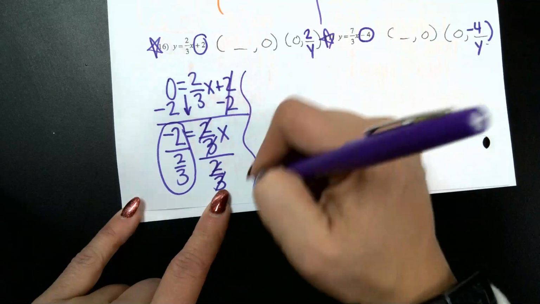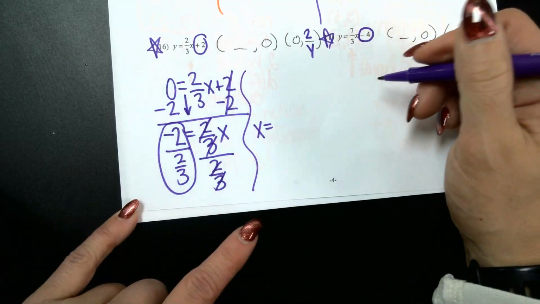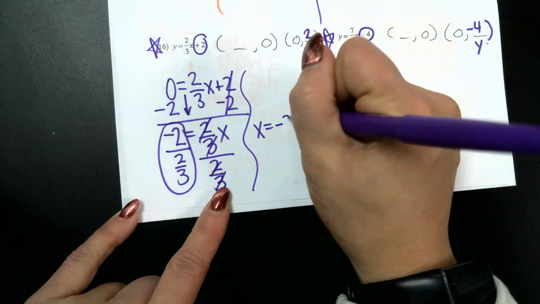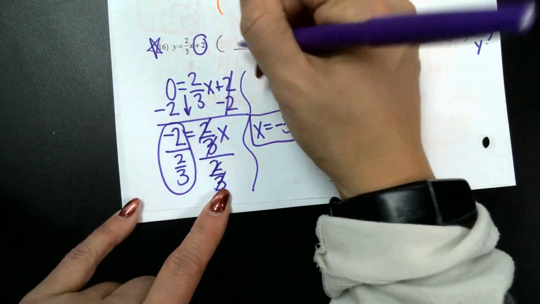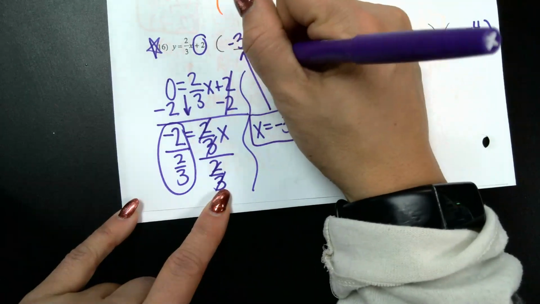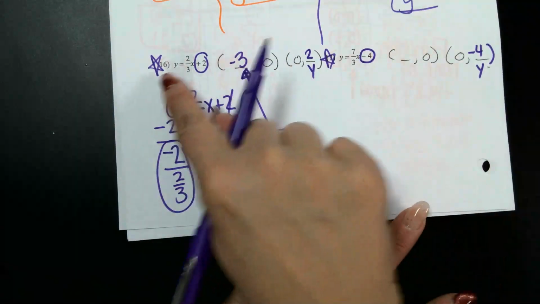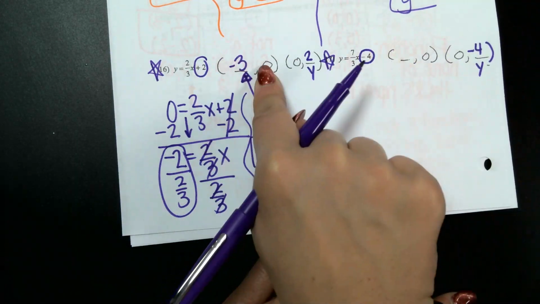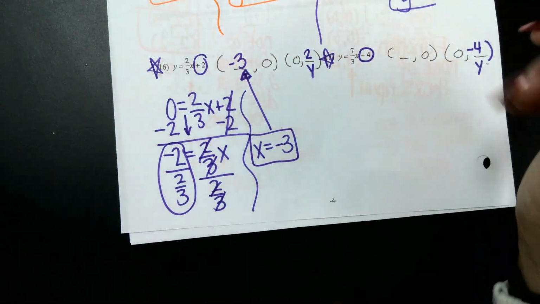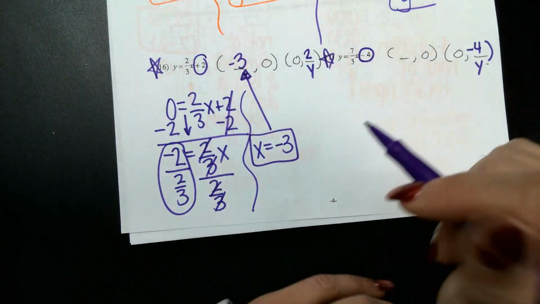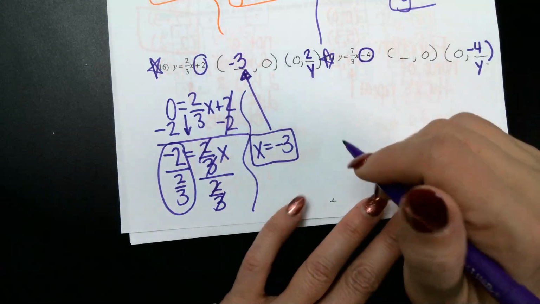And tell me what you get for x on that one. If you type that in correctly, you should end up with a negative 3. So the good thing is when it's in slope-intercept form, you already have one of your answers right off the bat. But finding your x is a little bit harder than it was up top.